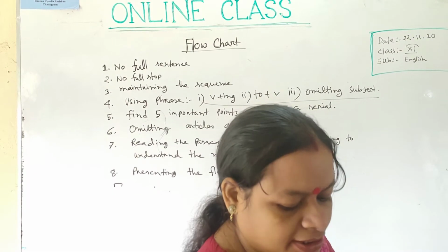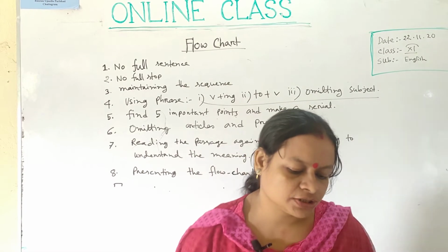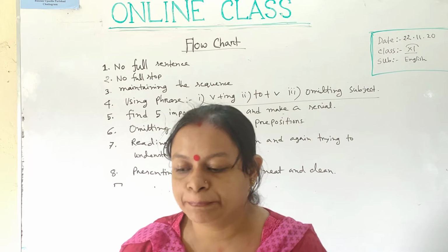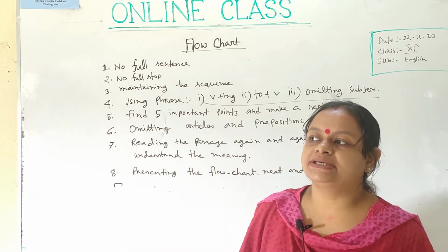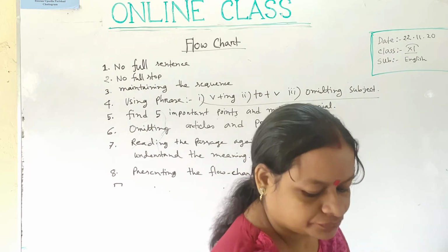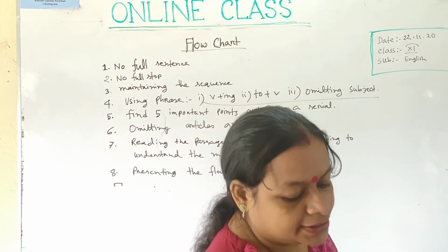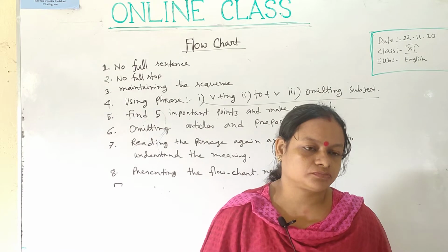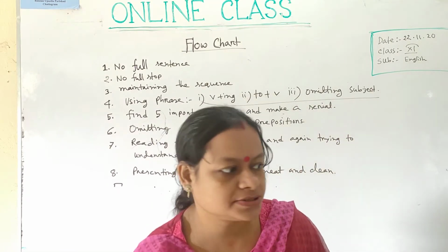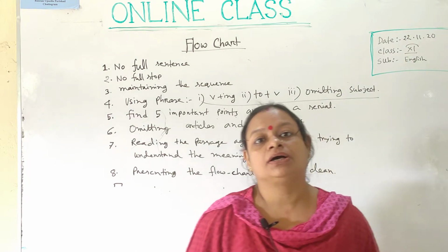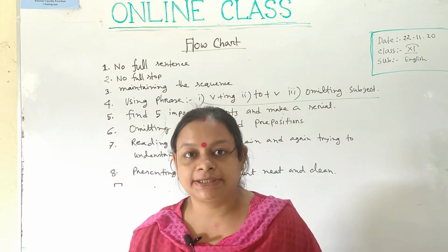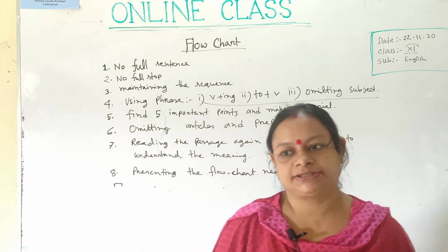And there is another thing, that we have to draw 6 boxes, 6 equal boxes. One will be given in the passage and the 5 others have to be drawn by you. Some students asked me, Madam, whether we will put capital letter or small letter before starting the phrases.